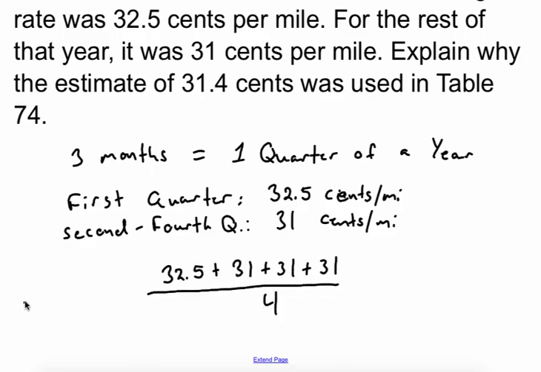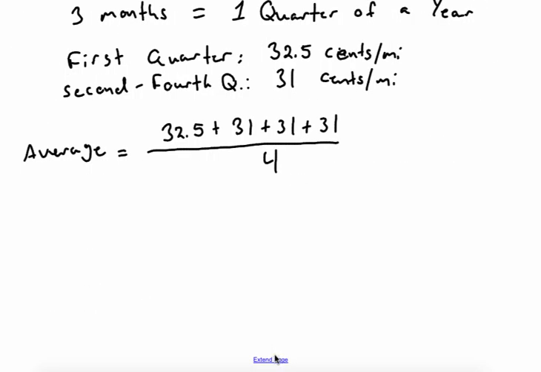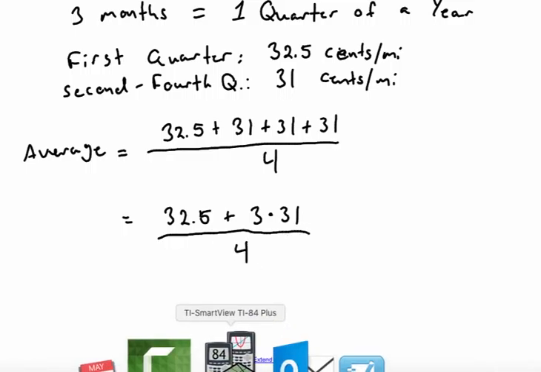This would be the average. And so you could rewrite this as 32.5 plus 3 times 31, so those 3/4 at 31 cents per mile, divided by 4. That'll be easier for me to type into my calculator.